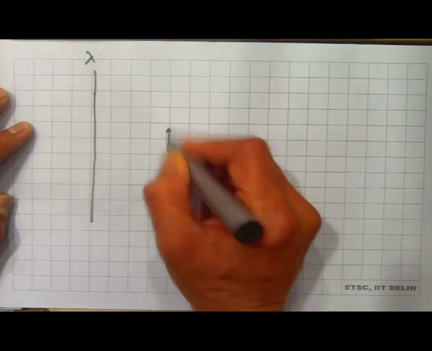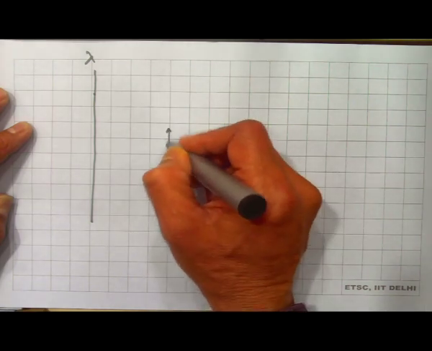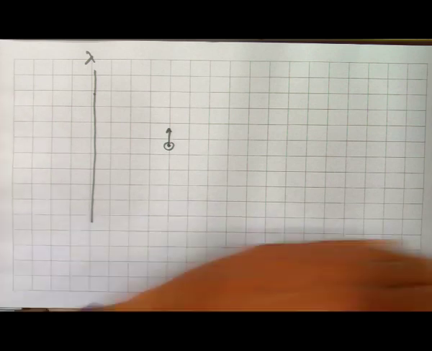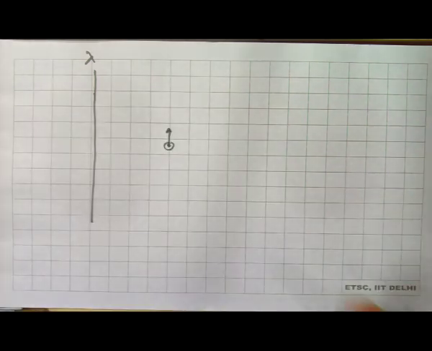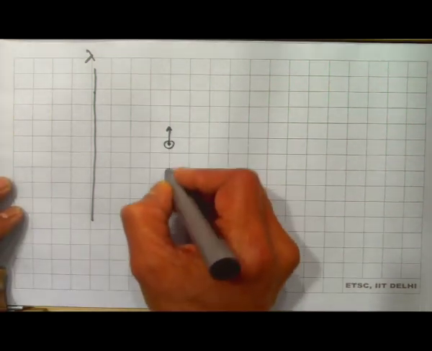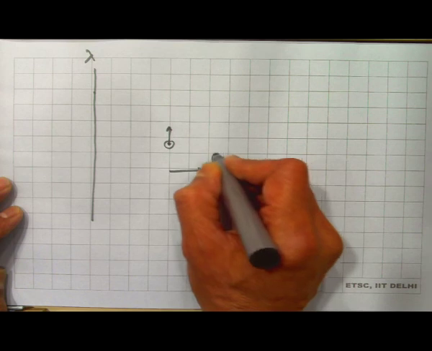So, there cannot be a component of electric field in the vertical direction, there cannot be a component of electric field perpendicular to the plane of the page, because if it is coming out of the page, why can't it go into the page? So, there is no difference between coming out and going in. So, there cannot be any electric field in that direction. So, the only possibility is the electric vector is like this.